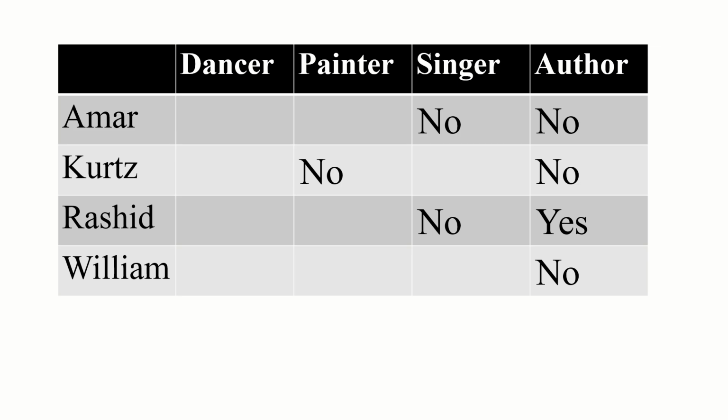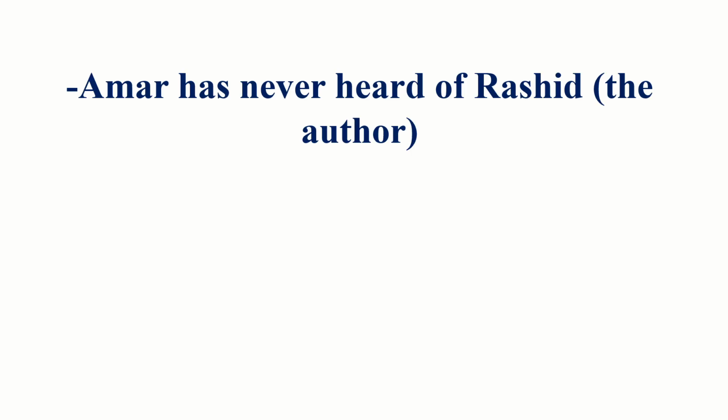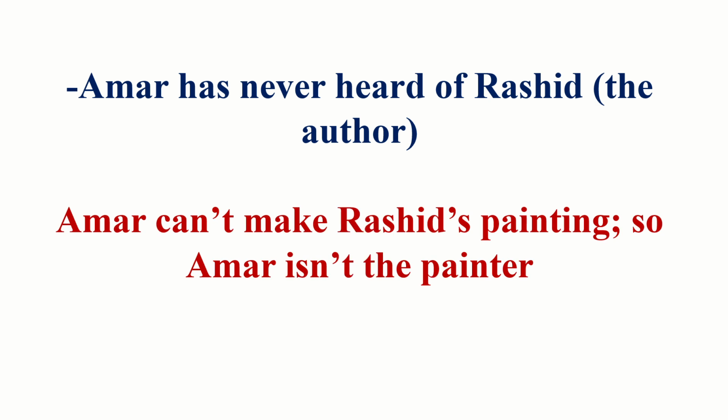So we put this information that Rashid is the author in our matrix. Now again, take the premise. Amar has never heard of Rashid, the author, which means we can draw the conclusion that Amar cannot make Rashid's painting, because you cannot make the painting of someone you have never heard of. So the conclusion is that Amar isn't the painter.